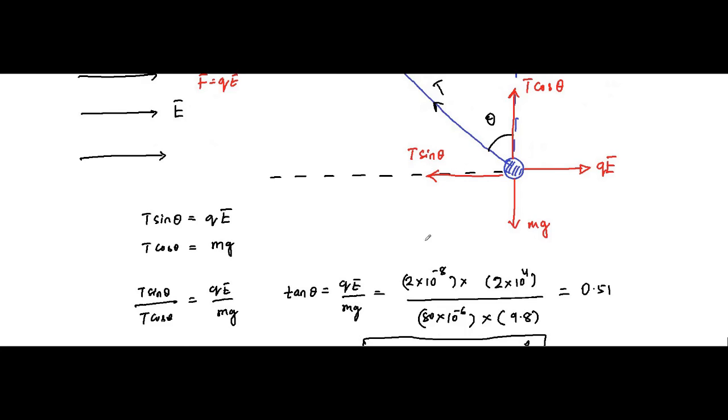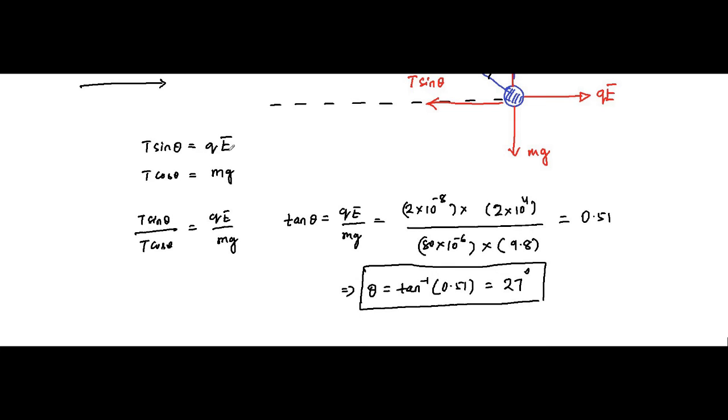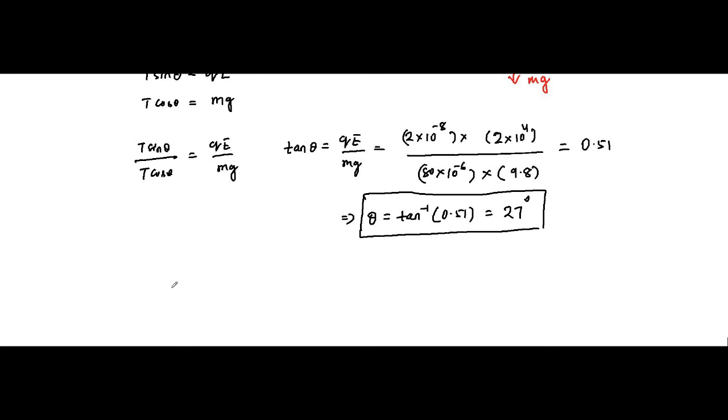Now we'll use this to find the tension force. Here you can use any of these equations, T sin theta equals QE or T cos theta equals mg, to find the value of T. We'll be using T sin theta is equal to QE.